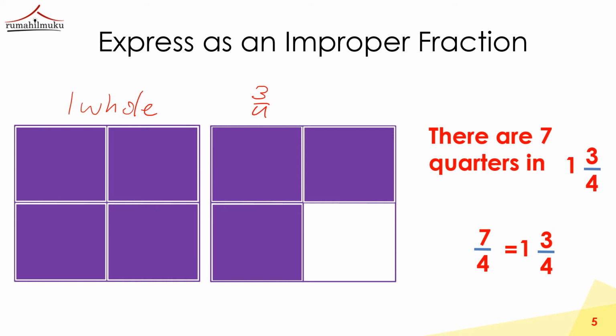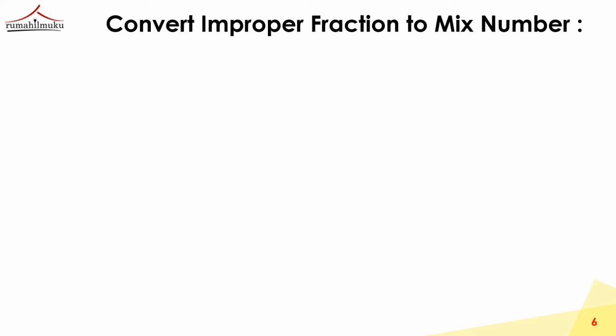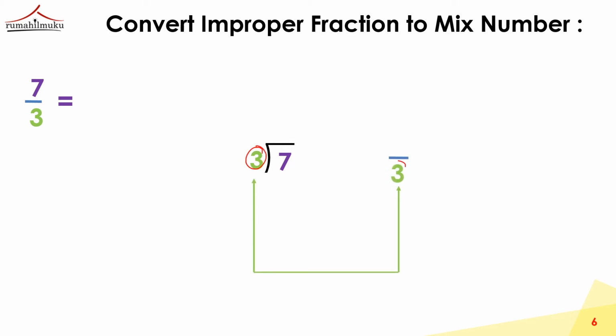Now let's try to convert an improper fraction to a mixed number. So let's try to convert 7/3. But how are we going to do that? First thing that we need to do is divide 7 by 3, and the number 3 should be the denominator. But in this case, 7 divided by 3 isn't possible. But what number is closest to 7 that can be divided by 3?